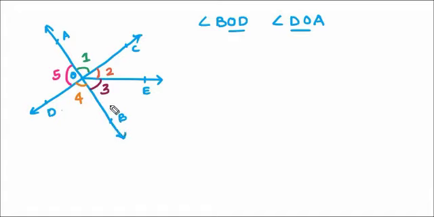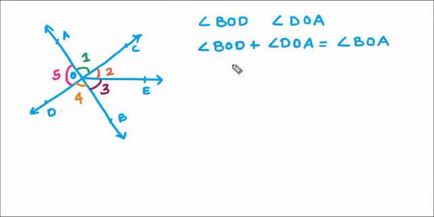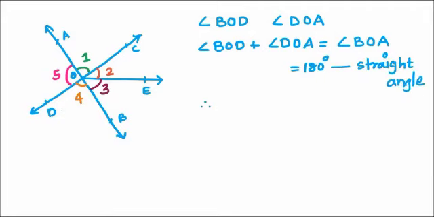But let's solve the way we need to be solving. Angle BOD plus angle DOA is equal to angle BOA, and that is equal to 180 because BOA is a straight angle, and therefore angle BOD and angle DOA are supplementary.